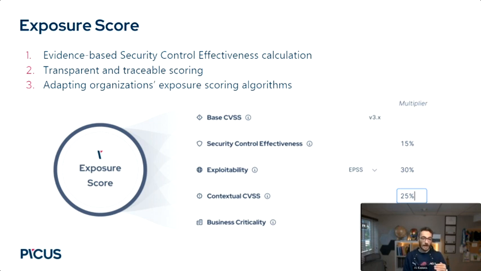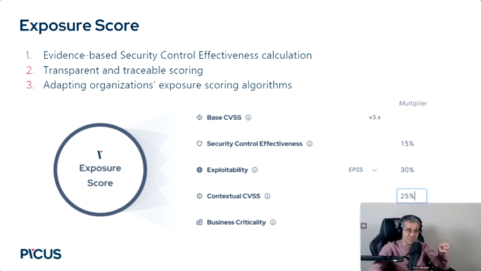And then after that, security control effectiveness comes in, where we get into the real world. This accounts for how your existing defenses, your EDR, firewall, IPS, DLP, and other tools actually mitigate the specific threats. Are you calculating this for them, or are they calculating the security control effectiveness themselves?